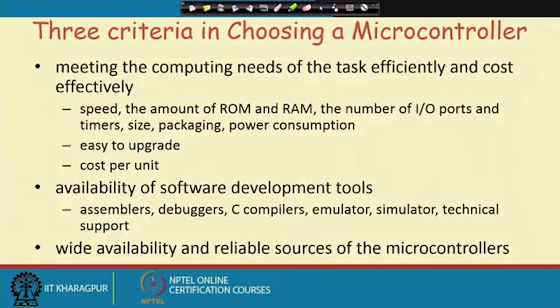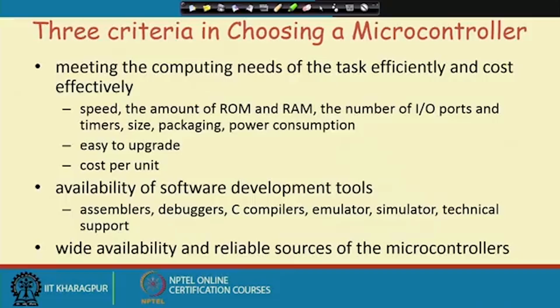The next important thing is the availability of software development tools. Some time back I said that there are so many microprocessors and microcontrollers that you possibly cannot learn the assembly language programming of all of them. So, it is desirable that we can write our control program in some high level language like C, and then a compiler should be there which will translate this C code into the machine code of the processor.